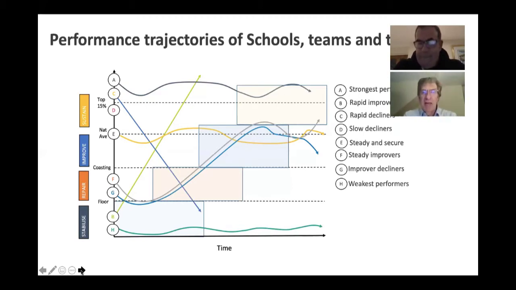So I've put that in this evening because that will describe, if you're working in a trust, your schools in the trust. And if you're working in a single school, it'll probably describe elements of your school. So thinking about where your teams are is really important. So, for example, if we did this as a secondary school and we talked about subject teams, if your English, maths and science teams are in stabilize and repair, but your creative arts is in sustain, the children will get a brilliant arts experience.